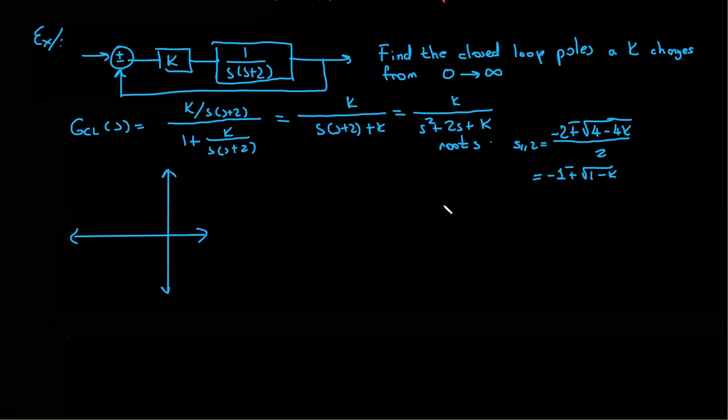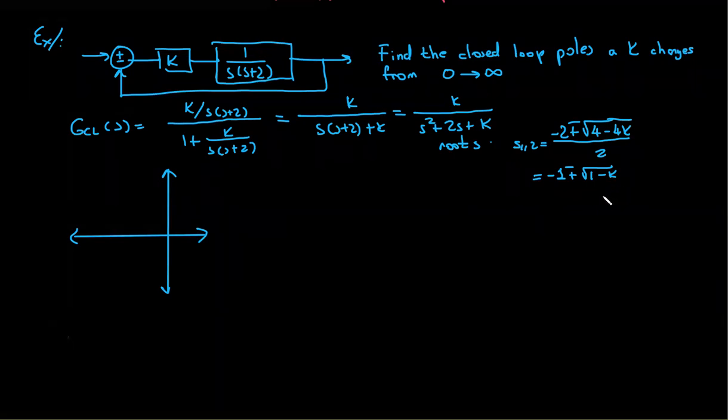Okay, so let's have a look at the pole locations when k is equal to 0. When k is equal to 0, we have the pole locations as -1 plus or minus 1, right? So one of the poles will be equal to 0 over here.